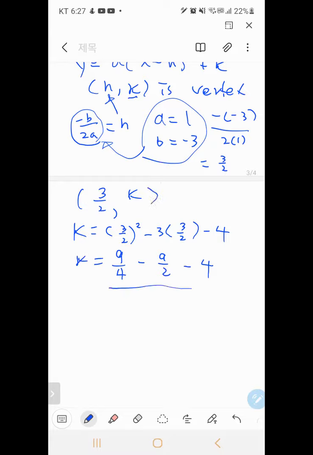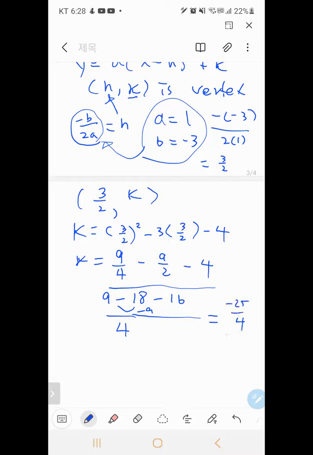Right? So let's find the common denominator, which is 4. 9 minus 2 times 9 is 18, and then 4 times 4 is 16. Okay, so 9 minus 18 is minus 9. Minus 9 minus 16 is minus 25 over 4.